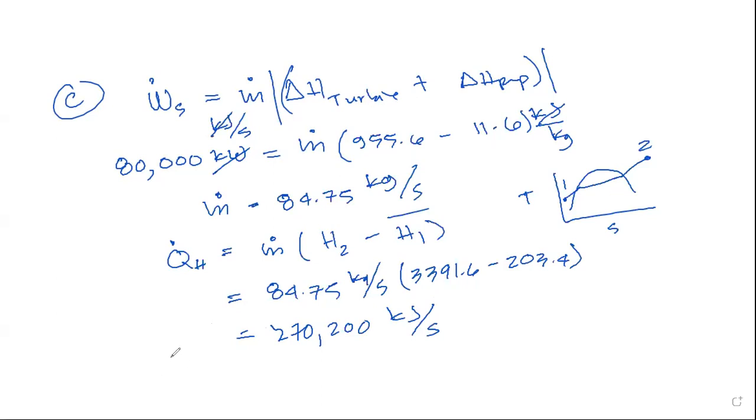It is the same for QC dot. For QC, this is 3, then it goes here, so H4 minus H3. So QC dot is equal to M dot times H4 minus H3. Do you have any question?